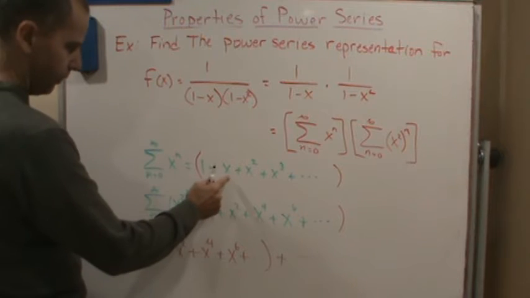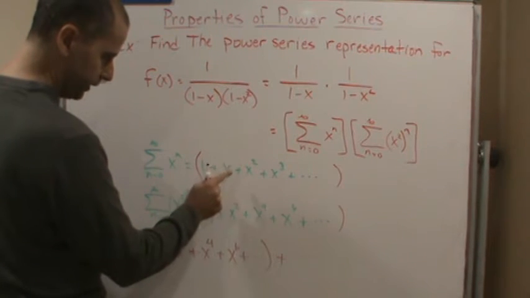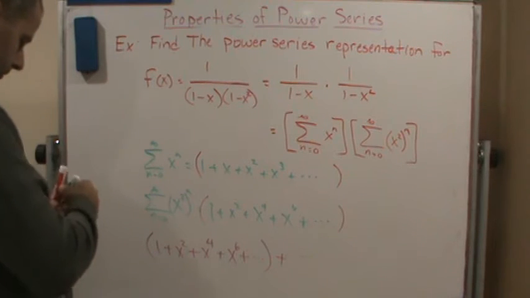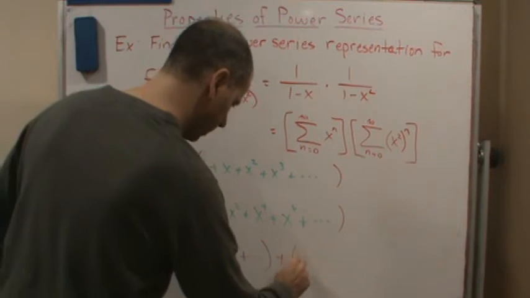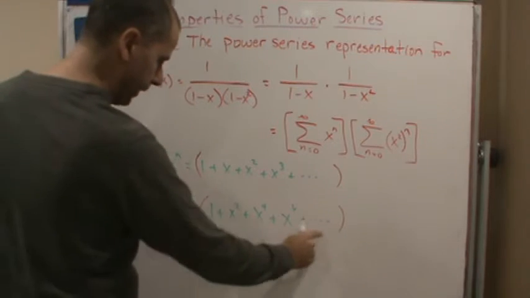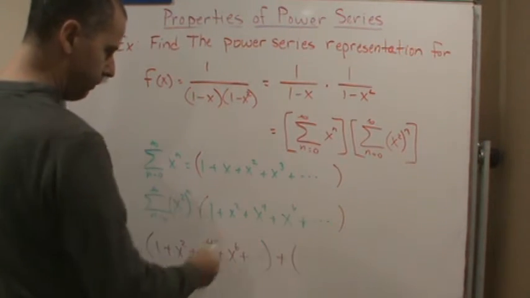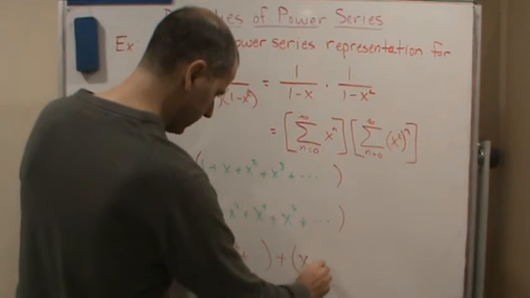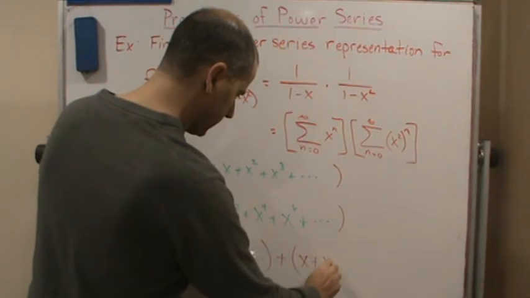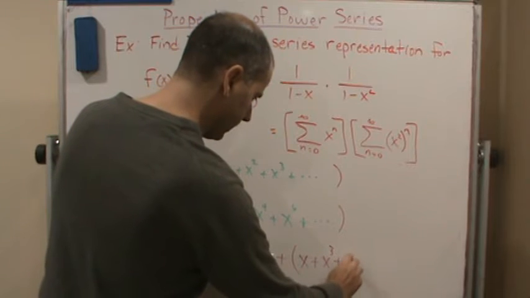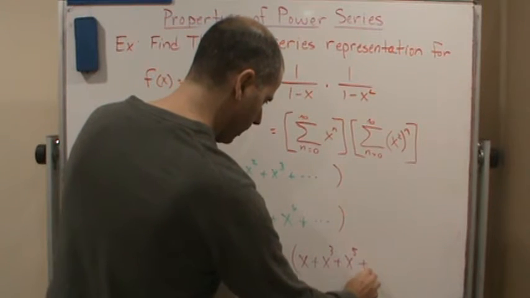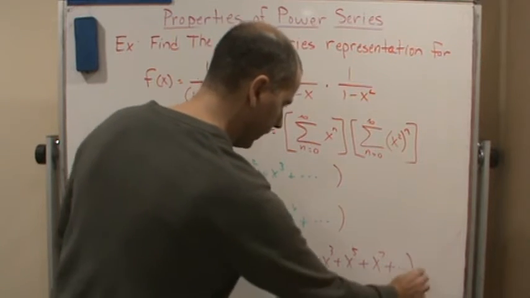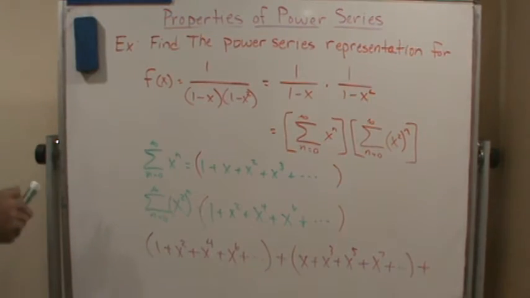Then we're going to say plus. Now we're going to multiply this whole thing by x. Well, what do we get? All of these are going to go up by a power of 1 in x. So this is going to be x plus x cubed plus x to the 5th plus x to the 7th plus, and so on. And then we're going to add that to the next one.